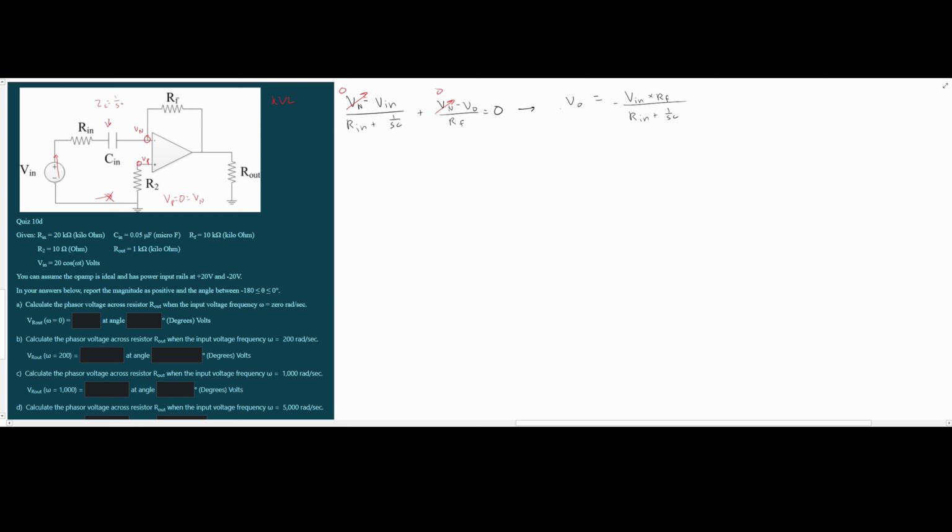Now, there are a few things we can do from here. The first is that we could just box this up, because this is kind of our general equation.